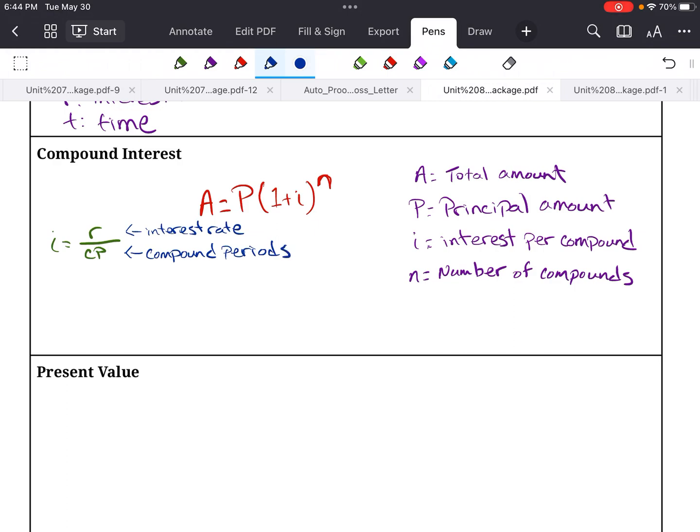So if it's 12% compounded monthly, that would be 12 divided by 12 to give us 1. And the N, the total number of payments, is T multiplied by CP. So the time in years multiplied by compound periods.